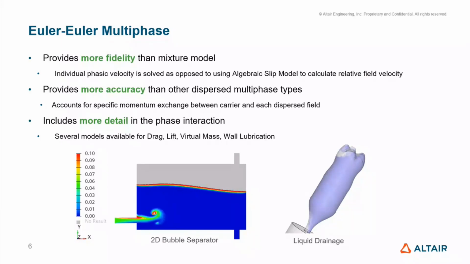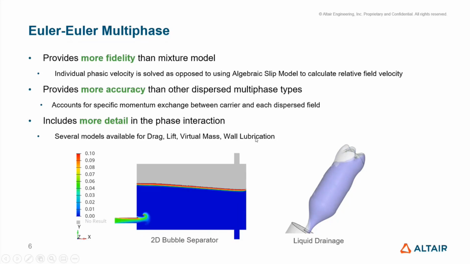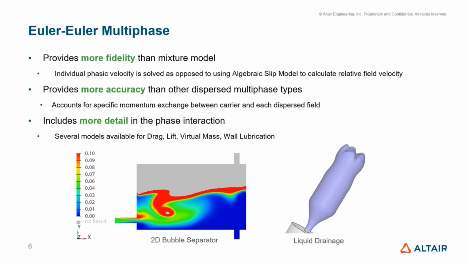So what does this get us? The new Euler-Euler multi-phase feature delivers more fidelity than the algebraic Eulerian model with the calculation of the specific phasic velocity fields, more accuracy because we're now tracking the momentum exchange between individual dispersed fields and the carrier, and not just calculating a single mixture velocity field, and more detail in the solution because more intricate models of phase interaction are provided.